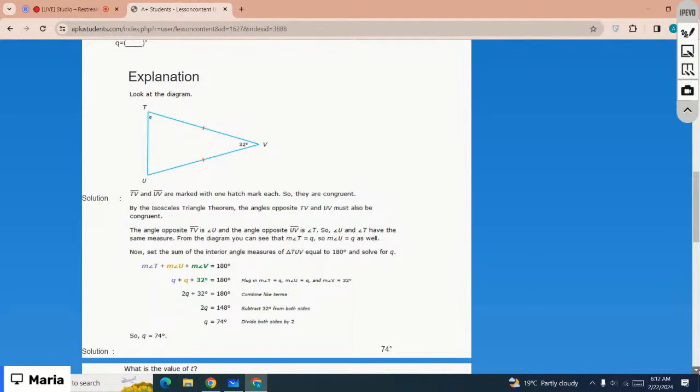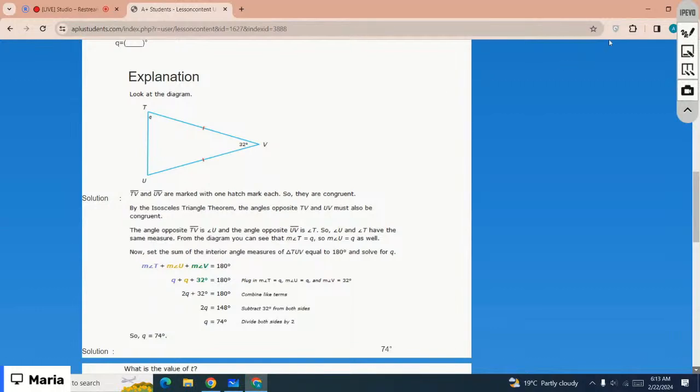The angle opposite TV is angle U. Here is TV, so opposite to TV is U, and here is UV, so opposite to UV is Q, right? That means if angle T equals Q, angle U also equals Q, right? Because the sides are congruent, so their angles are also congruent, right? So that is Q plus 32 equals 180. You have to evaluate for the Q, so Q equals 74.